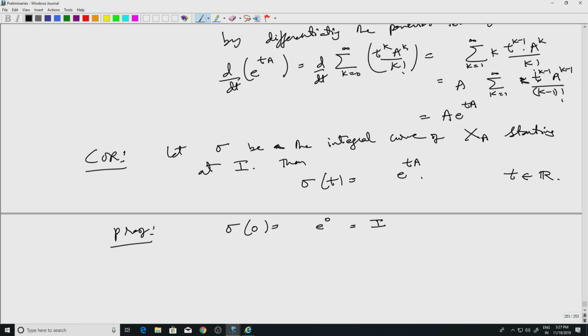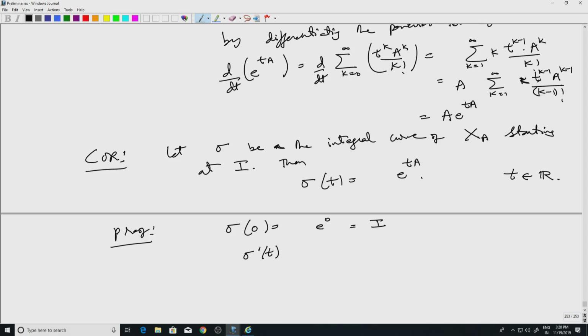Now the main thing is the integral curve condition. So we want to check that sigma prime t is equal to the value of the left invariant vector field xa at sigma t.